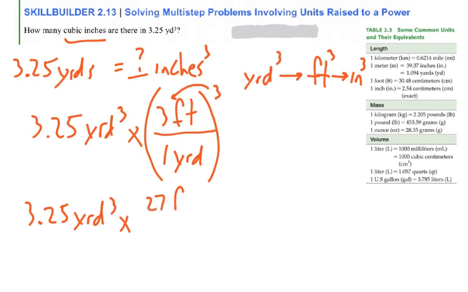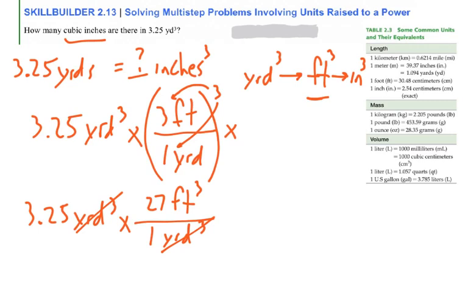A foot times a foot times a foot is a foot cubed. 1 times 1 times 1 on the bottom, because you got to do it to the top and the bottom. That's 1. And a yard times a yard times a yard is a yard cubed. And that will take care of this. Now that only brings us to the middle. We got to do one more step. So now we need to go from feet to inches.